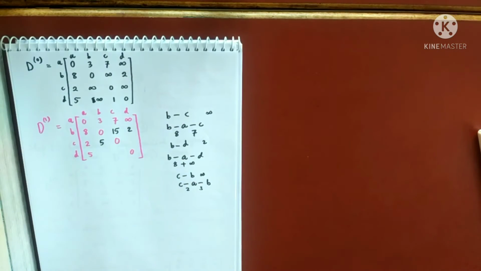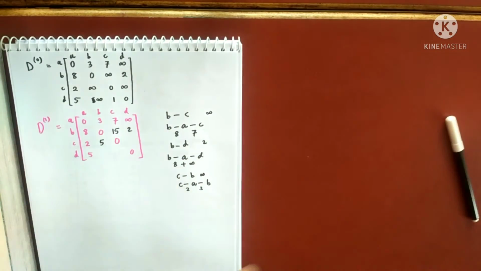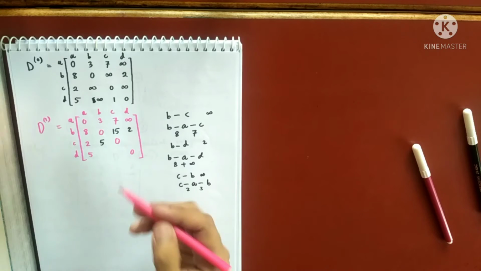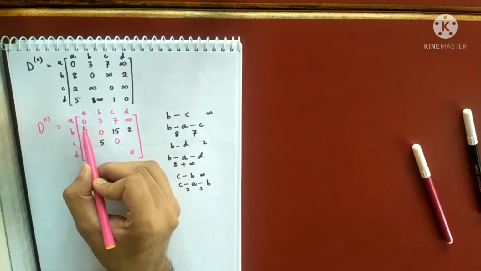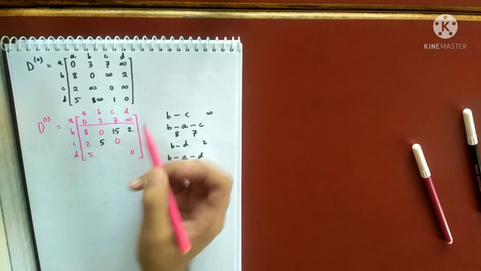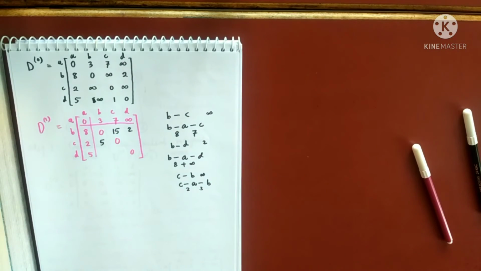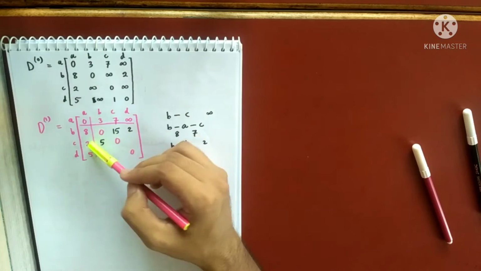Now I will give you a shortcut. You don't have to think this much. Let me use a different color. I'm just underlining this one. Which row and which column was fixed? This row and this column were fixed. Everything else will come from this row and this column.